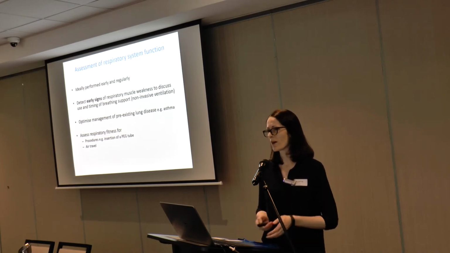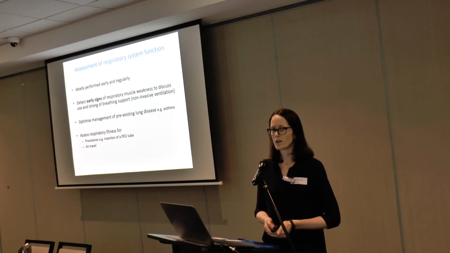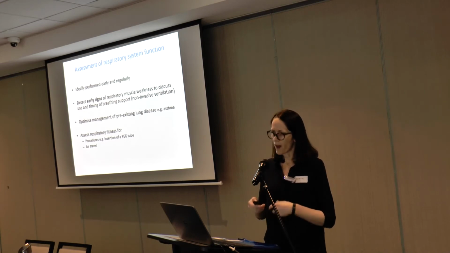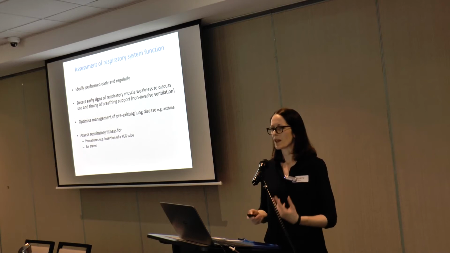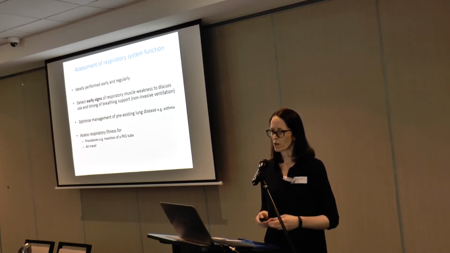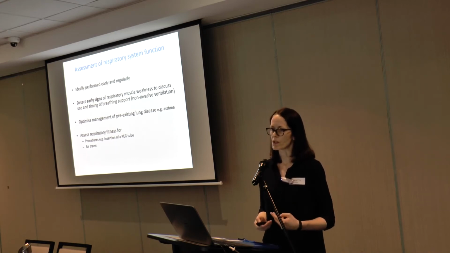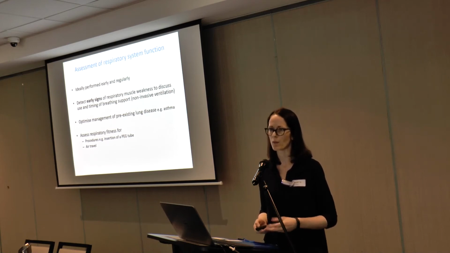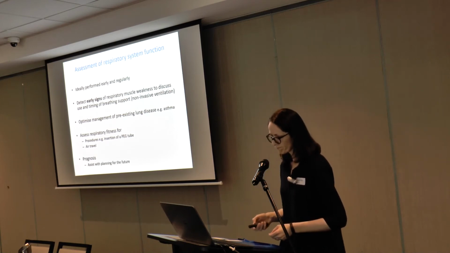In the air cabin it's about 15% oxygen. So for all of us that have normal lung function in the absence of disease, we've got a big reserve, we can cope with that. If you're someone who's got some respiratory muscle weakness, that might be a difficult process. So sometimes there's some planning involved in how to reduce risk and make this achievable for you.